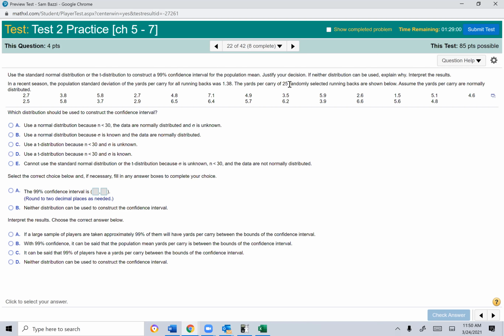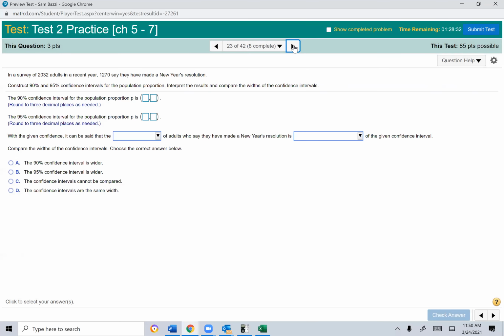Assume the yards per carry are normally distributed. Again, guys, if the sample size is less than 30 and the population is not normally distributed, we will not be able to use Z interval or T interval to find the confidence intervals. Anyway, I won't be asking you questions that don't work. All the questions that I'm going to give you guys, you will be able to construct confidence intervals.